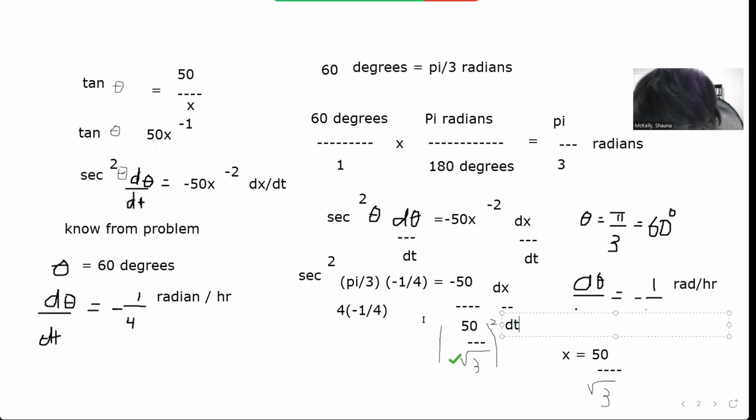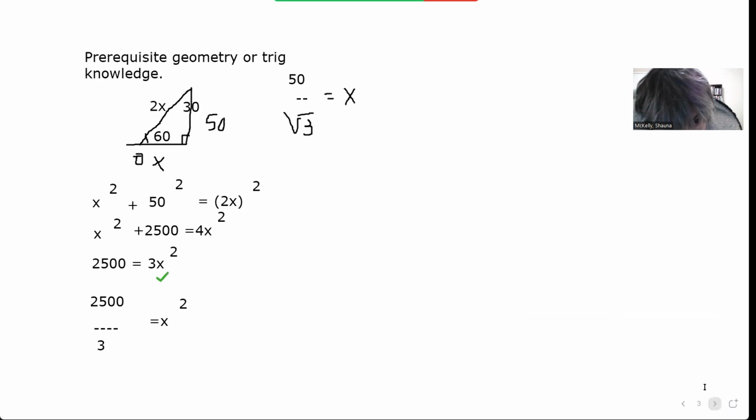So let me go one more whiteboard here for us just to finish this problem.